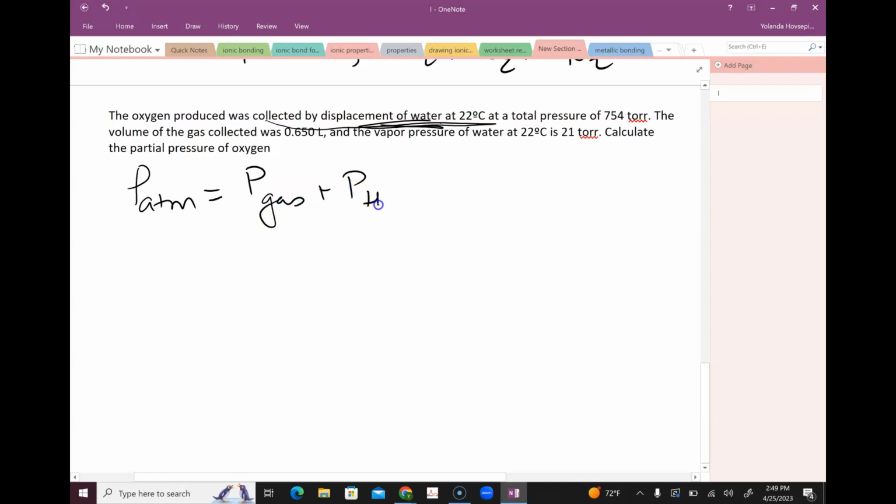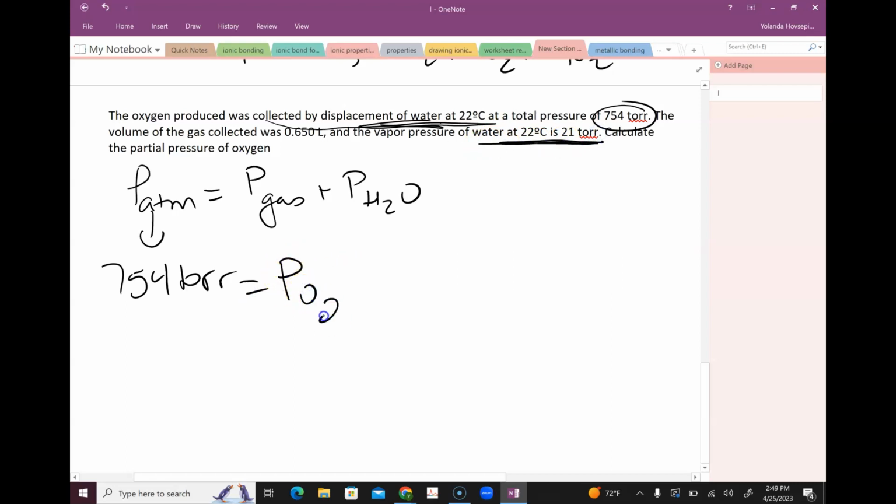So that's where that comes in, and it says total pressure. So this is 754 torr. So we know that, and it says water's pressure is 21. So then we're going to find oxygen's partial pressure, and water is 21 torr. So we're going to keep that aside and then read the rest of the problem.